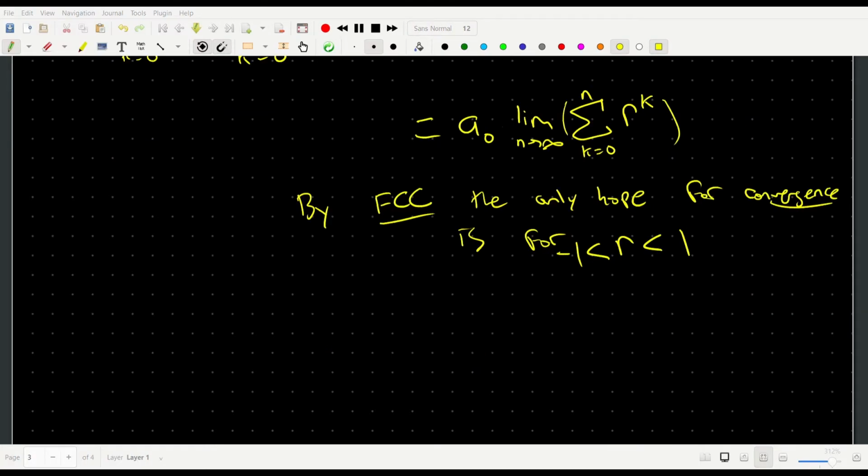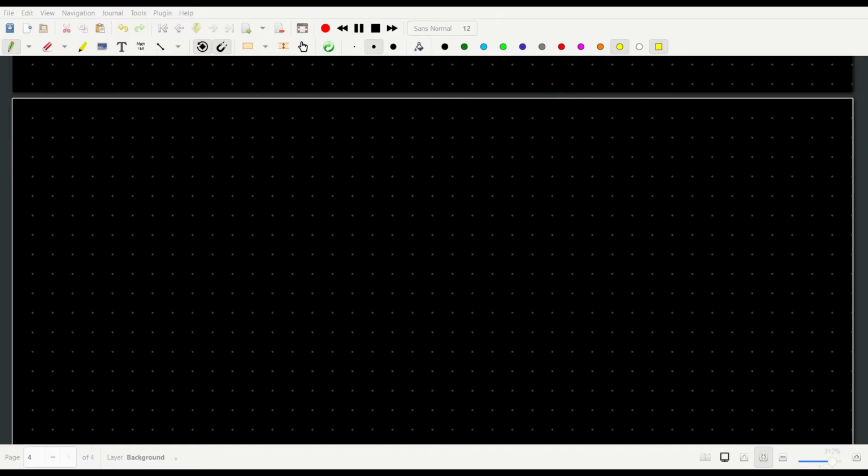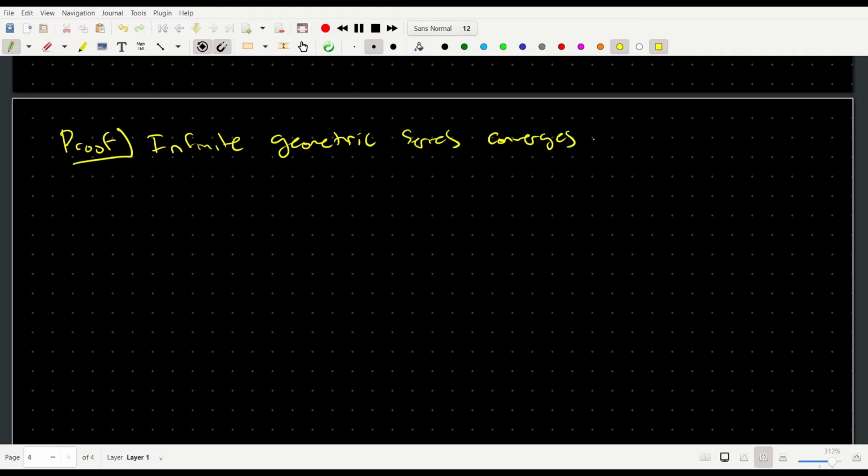So let's go through and show this directly. What we're going to do is directly show that the infinite geometric series converges when the absolute value of r is less than 1.